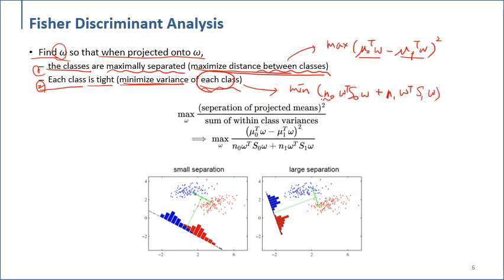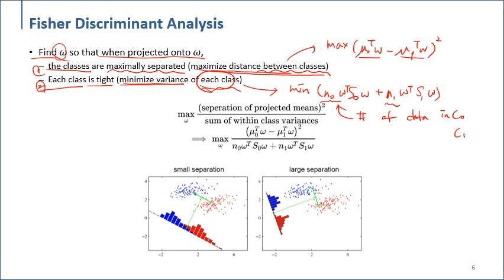Here, n0 and n1 just indicate the number of data in classes C0 and C1. So if we have more data, it will have more weight. It can be considered like that.